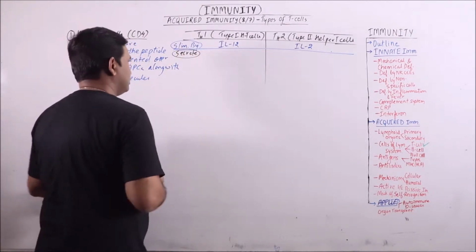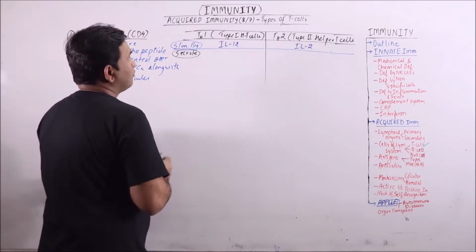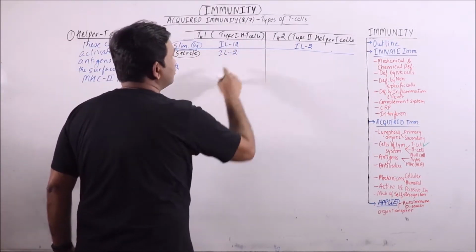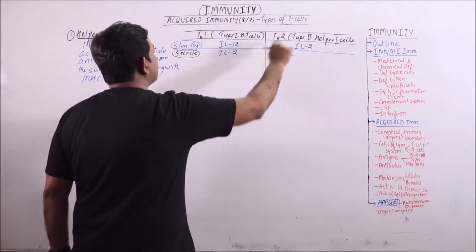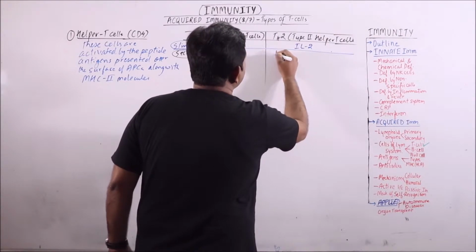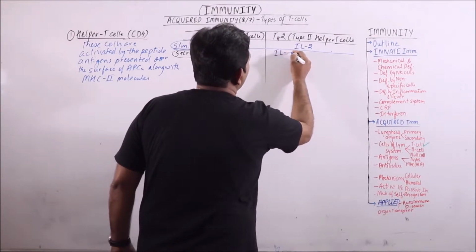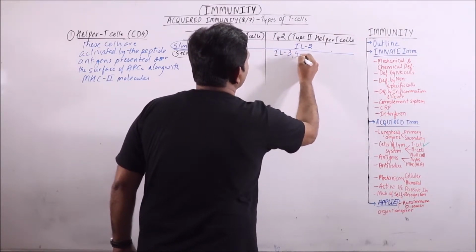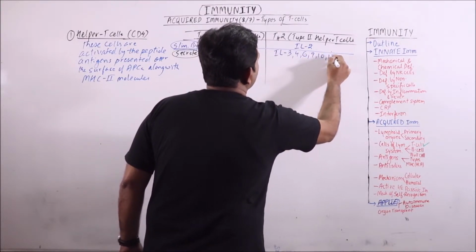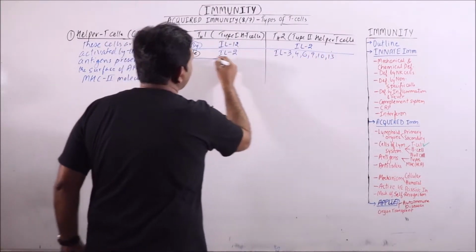When activated, these secrete interleukin 2, which stimulates the type 2 helper cell, while these secrete interleukin 3, 4, 6, 9, 10 and 13.